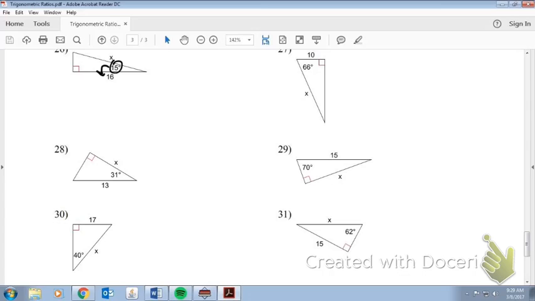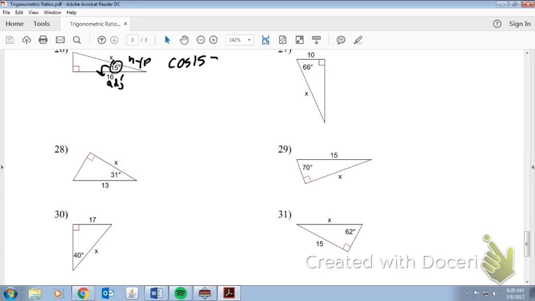So we know that we have a 15-degree angle, and we are given the adjacent side and the hypotenuse. So we look over at our little SOHCAHTOA drawing from earlier in our notes, and we say, hey, sine is opposite and hypotenuse. Tangent is opposite and adjacent. But cosine is adjacent and hypotenuse.